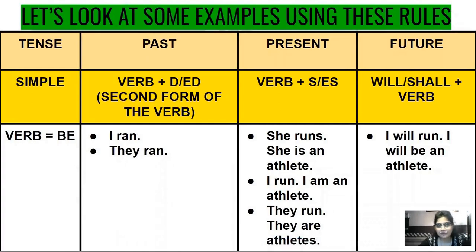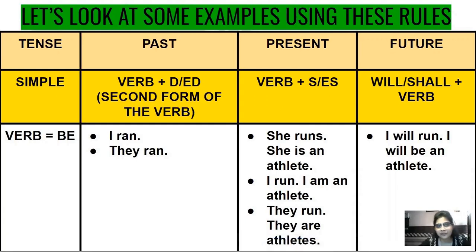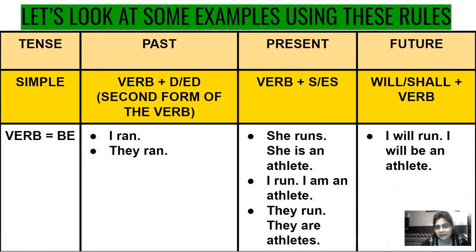Past, present, and future with rules and examples. The very first, past, says verb plus ed or the second form of the verb, and we will be using it. I ran, they ran. We just changed the form of the verb in past. In present, the rule is verb plus s or es. Then we will be saying in sentences, she runs.